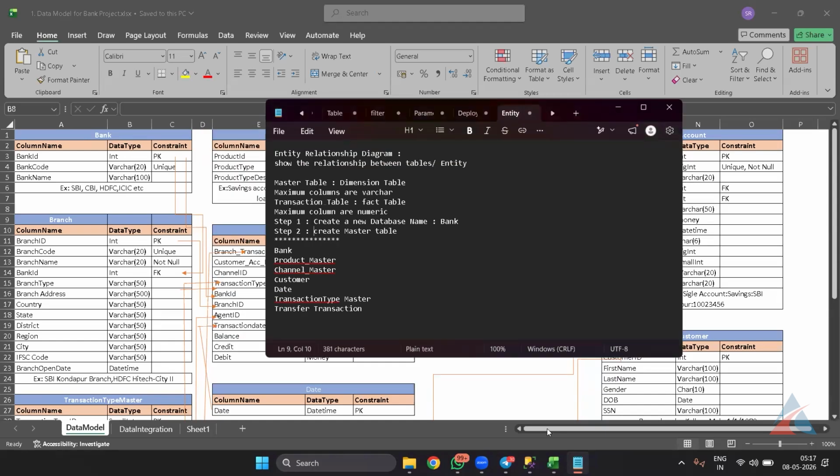Step one, create a new database. Name is bank. Step two, create the master table. And during your creation in your Excel, if you find any ununderstandable arrow, please let me know, guys. I will tell you.